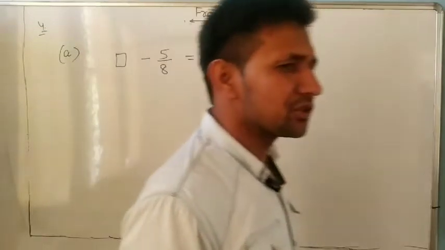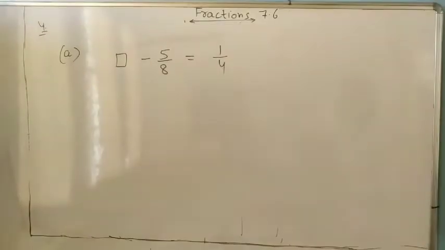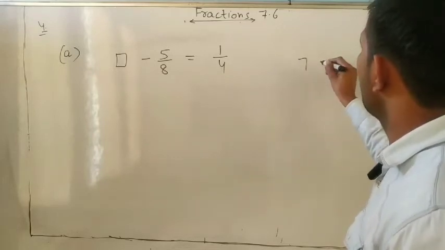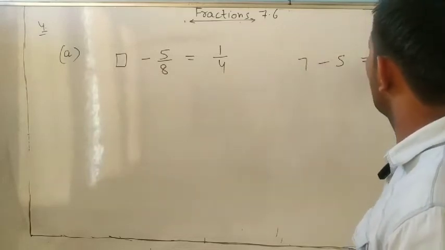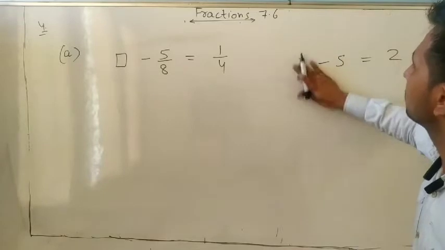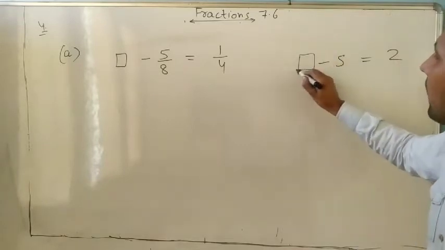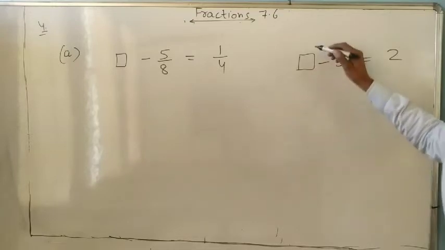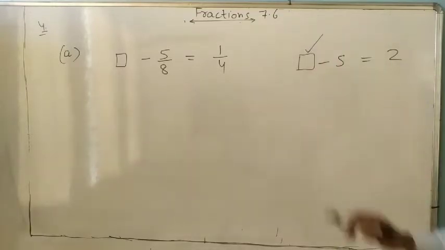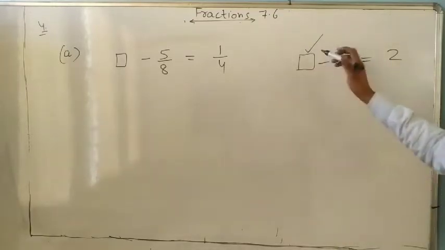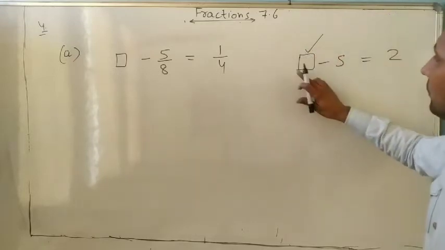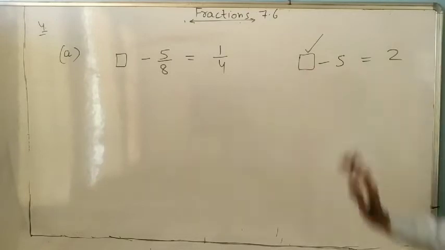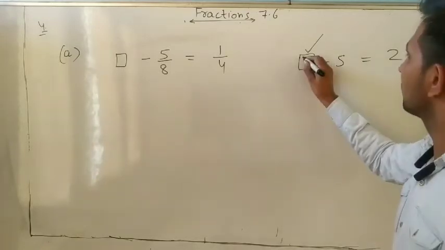What is the meaning of this one? Can you tell me? Suppose I write here 7 minus 5 equal to 2, and suppose the box is the fill in the blank. So what number will you subtract 5 from to get 2? It means 7 minus 5 is 2.